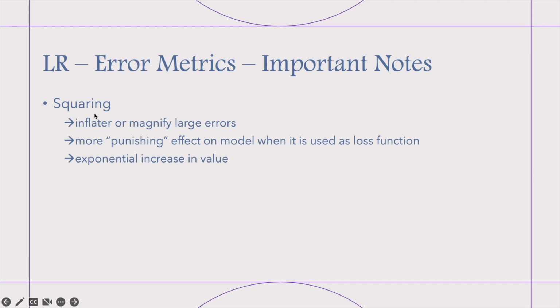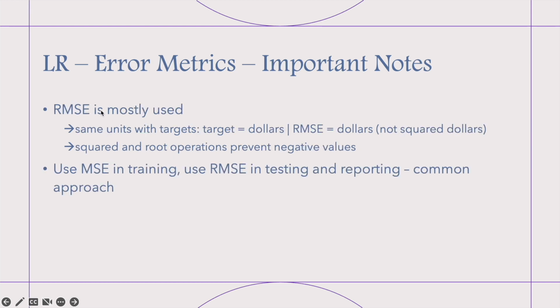Okay, some important notes. Remember, squaring operations inflate or magnify large errors. More punishing effect on the model when it is used as a loss function, because of the exponential increase in the value. And RMSE is mostly used because it has the same units as the targets. If the target is dollars, then RMSE will be dollars, and it's more understandable, especially in reporting and testing.